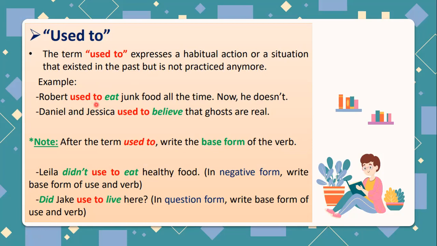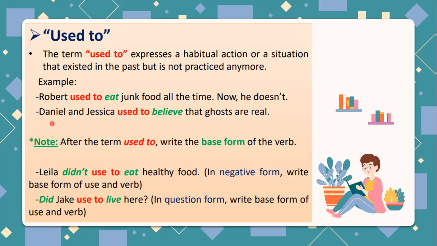When I have used to before the verb, I have to put the verb as is. So I do not say used to thought, I say used to think. So I keep the main verb when I have used to. So used to is a term I use before the main verb, and I keep the main verb the same, to express the actions and mainly habits that used to take place in the past.